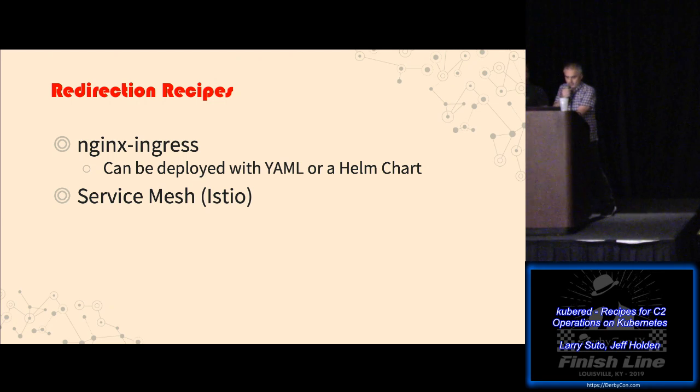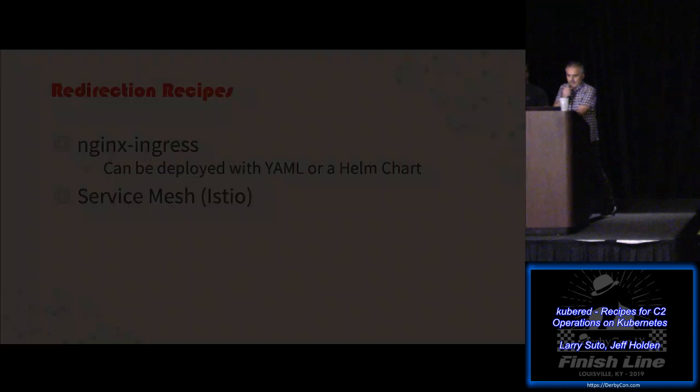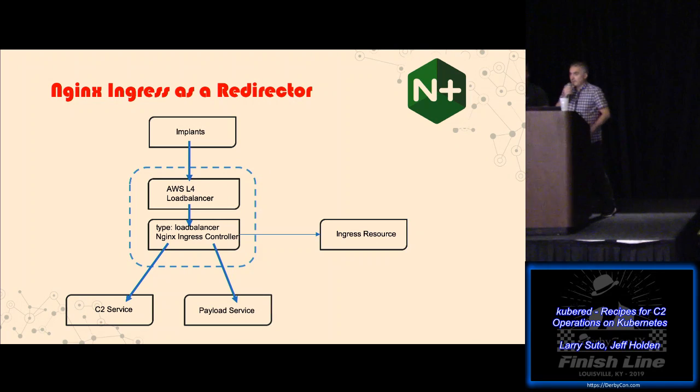And now we're going to go into a little bit of the details of redirection. I'll focus on Nginx ingress first because that's really popular in Kubernetes. And then the one we like best is Istio. We've had a lot of success with that, so I'll spend quite a bit of time on that. So this is basically running Nginx as a redirector.